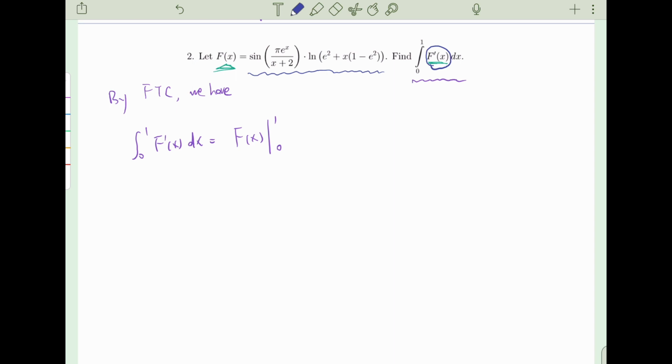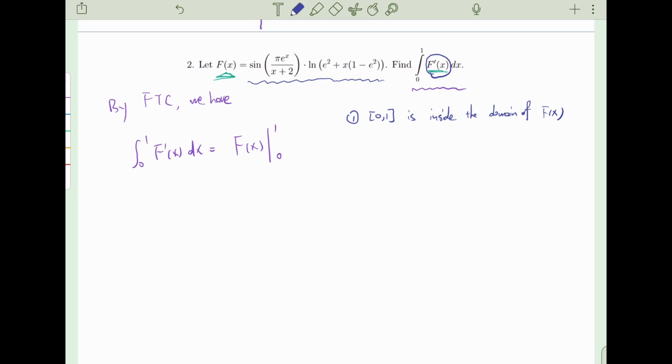So what I'm saying is, firstly, this interval 0, 1 is inside the domain of f of x.